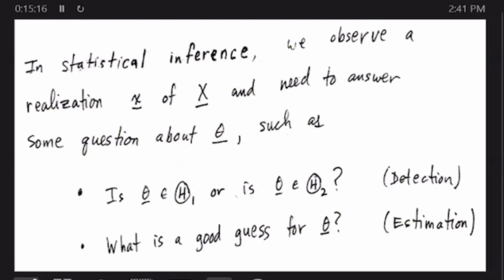If you take a look at this, in statistical inference in general, we normally observe a realization of that. Just like what FBI is going to do, they're going to interrogate. When they interrogate, they're going to hear from those people they are interrogating, and whatever they get from them, they're going to put it down. Does that make sense? Okay.